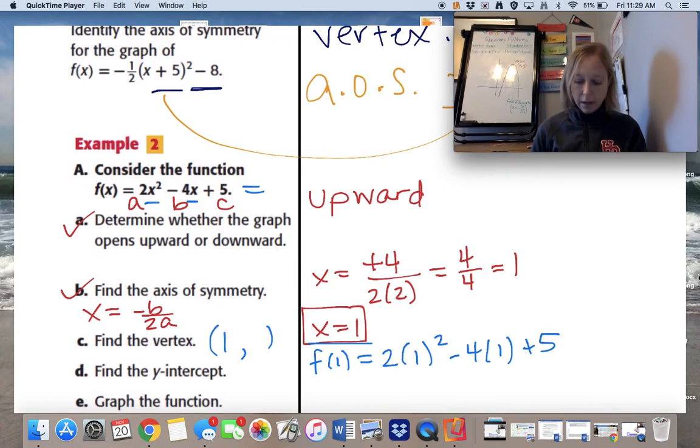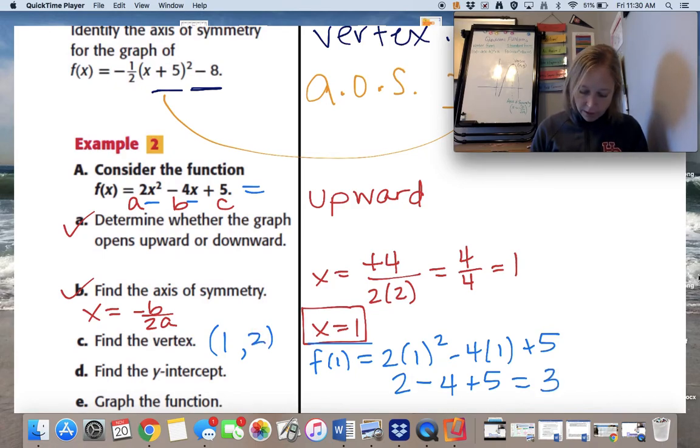Again, I'm just plugging 1 into my function. So 1 squared is 1, 1 times 2 is 2, 4 times 1 is 4. And remember, we just go left to right here. 2 minus 4 is negative 2, plus 5 is positive 3. The vertex is the point 1, 3.